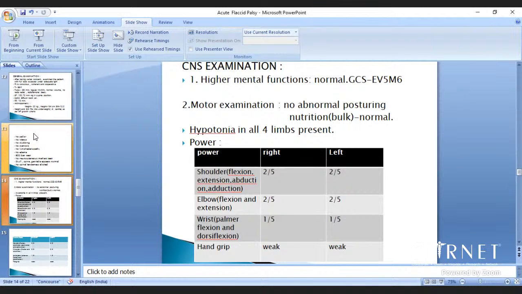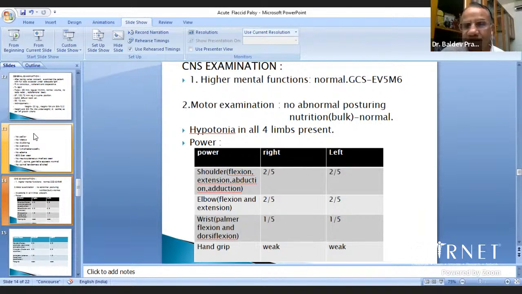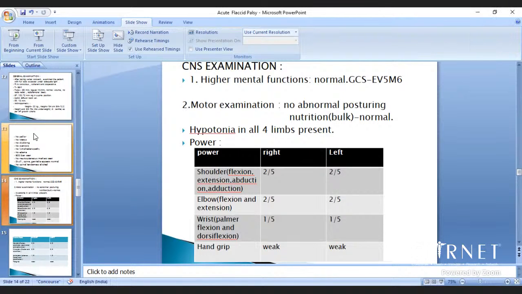Actually, I wanted to ask Bhargav about the general examination relevant to your case. Just mention what are the relevant general examination findings which must be mentioned. What abnormalities or findings may you expect from the general examination?